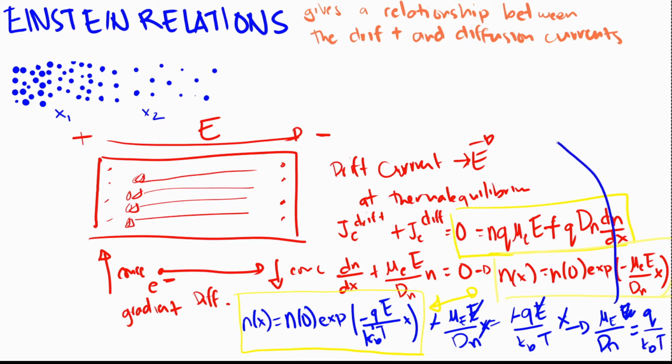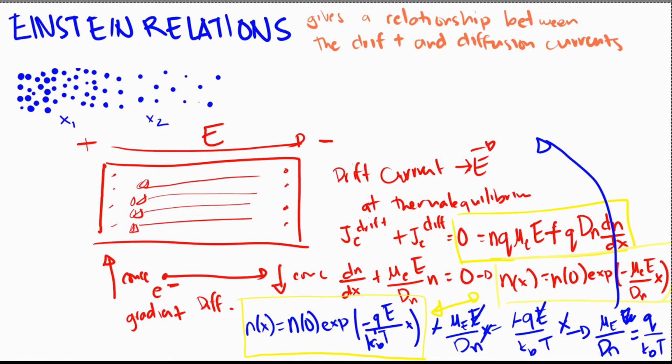Or, reversing this, this is actually now our Einstein relation, or Dn over mu E is equal to kBT over Q.